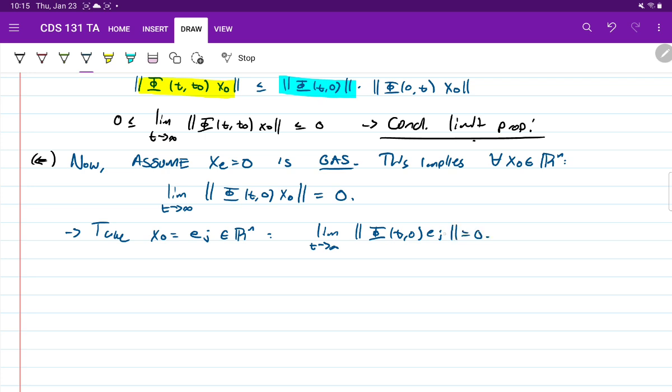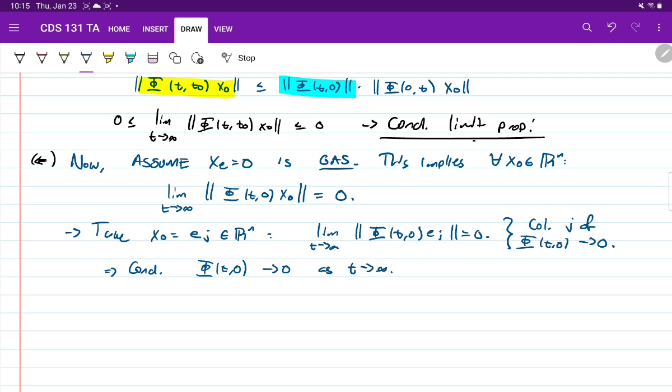But what is phi of t comma 0 times ej? Well, that's the jth column of phi of t comma 0, okay? So this tells us column j of phi t comma 0 converges to 0. And since this is true for all j, what we conclude is that phi of t comma 0 goes to 0 as t goes to infinity.